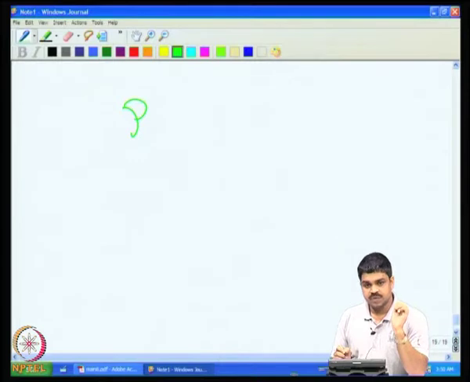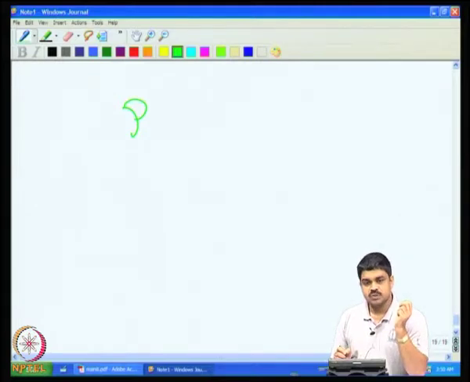I will do it by induction. For small graphs, it is very easy to verify. For instance, a 1 node graph, a 2 node graph, I will leave it to you to verify the basis, for n equal to 1 and n equal to 2, n being the number of vertices.